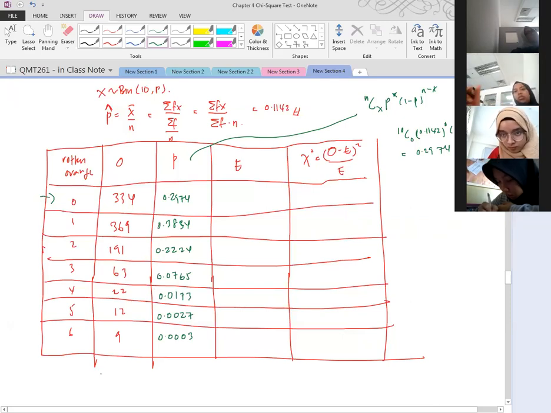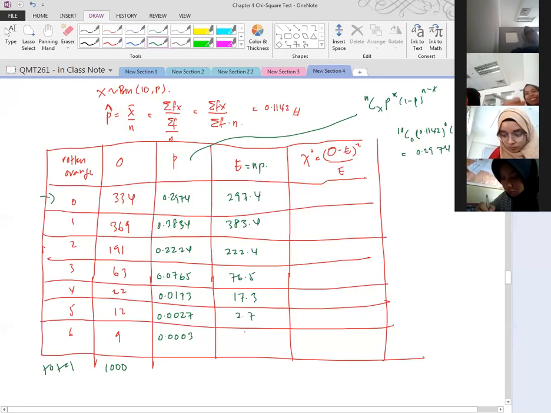So now we know the summation of the total observed is 1000. So the expected frequency is n multiplied with p. So n is 1000 multiplied with p: 297.4, 383.4, 222.4, 76.5, 17.3, 2.7, and the last is 0.3.